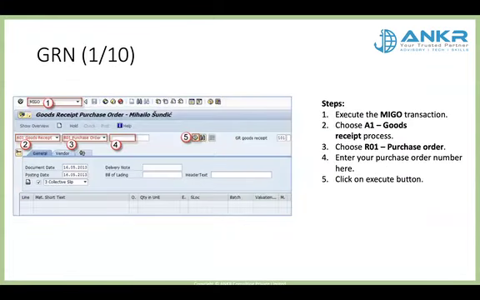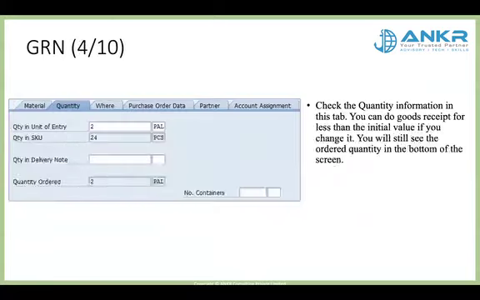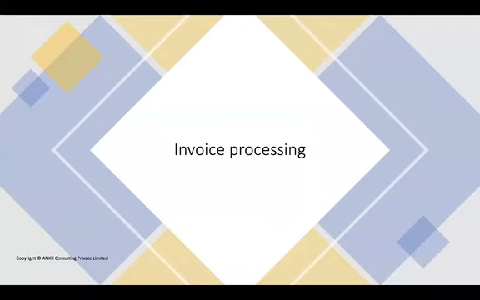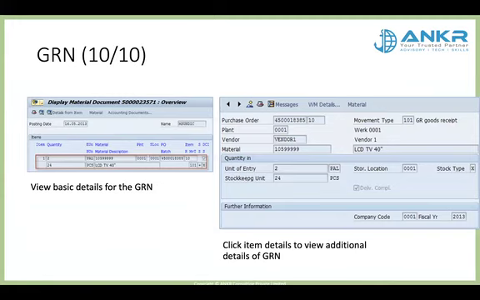You may not need MIGO, but you may need the code to see, which is MB03 in the SAP, right? So with this, we have completed our first item, which is GRN or GRIR, right? This is also called goods receipt note, and the account which it goes to is GRIR, and both are used interchangeably, right?